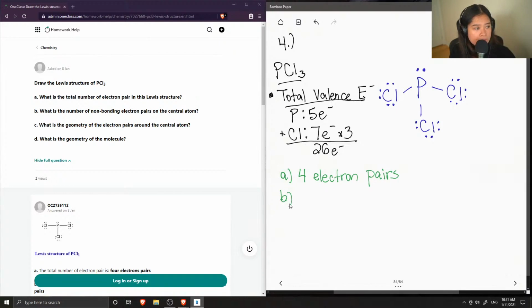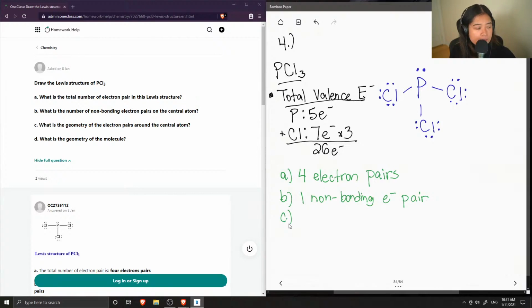Okay, part B. What is the number of non-bonding electron pairs on the central atom? This is our lone pair, and there's only 1. So I'm going to write 1 non-bonding electron pair.